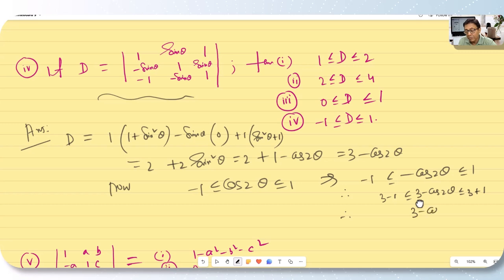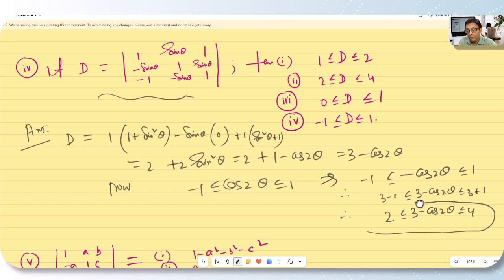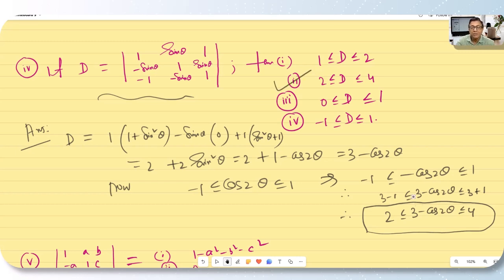So this option is correct. Clear? This is just an expansion.